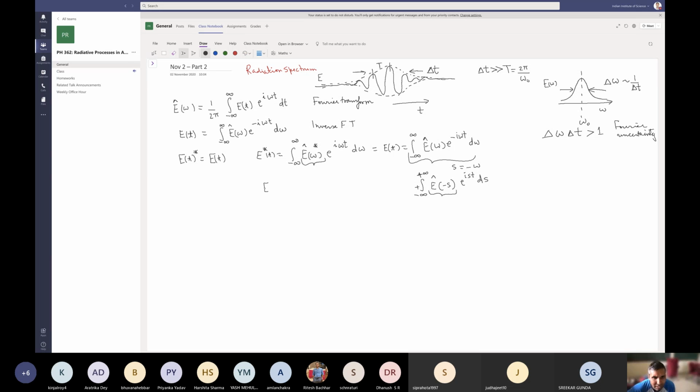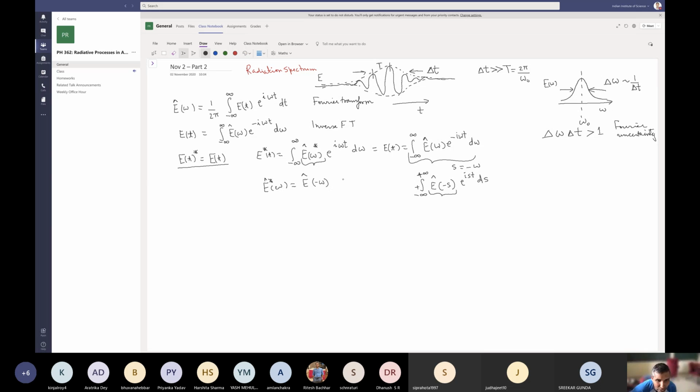That is, E hat star omega equals E hat minus omega. This is because of the reality of the electric field. So this is the relationship between the Fourier coefficients if the signal is real.